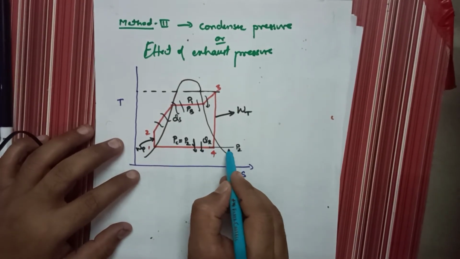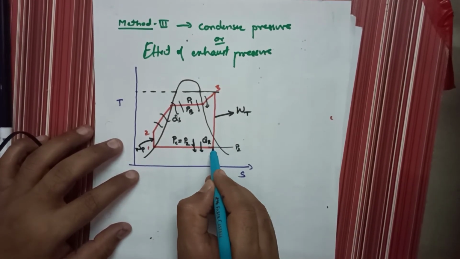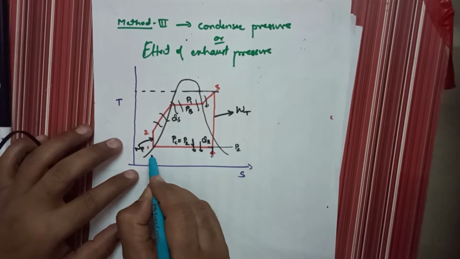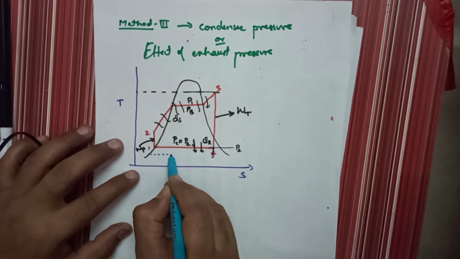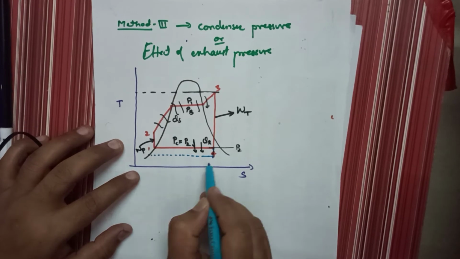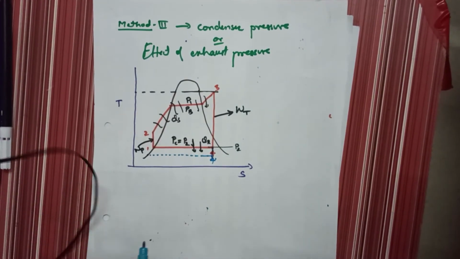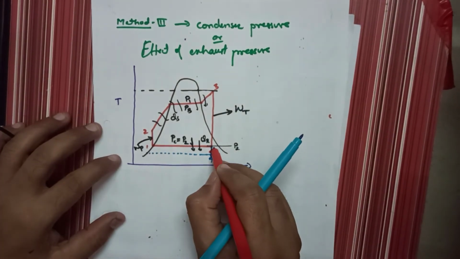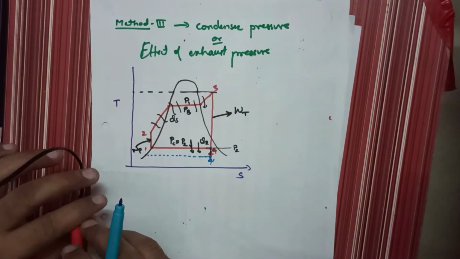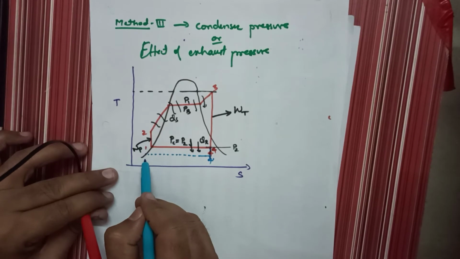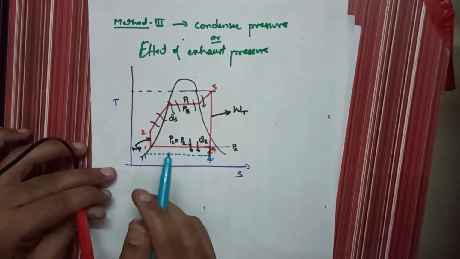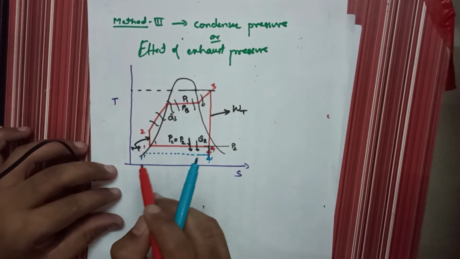So here is P2. I will decrease it now. Here I will bring this 4 to 1 line down. This is 4 dash. Earlier it was 4 here. So 4 dash to 1 dash. This is point number 1.